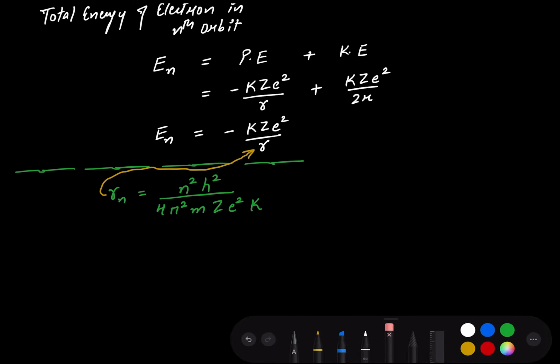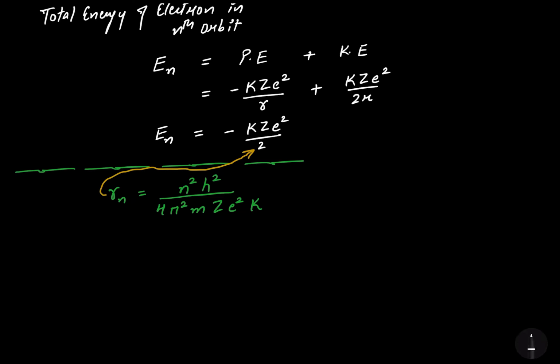Here's a little mistake, it comes out to be 2r, sorry. Now I'm substituting the value of radius over there.